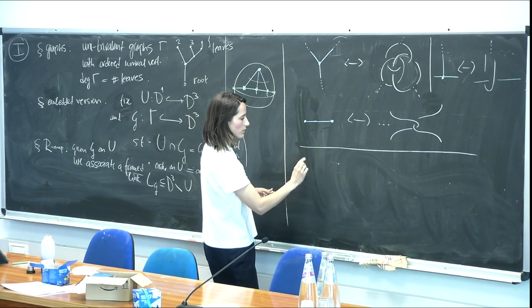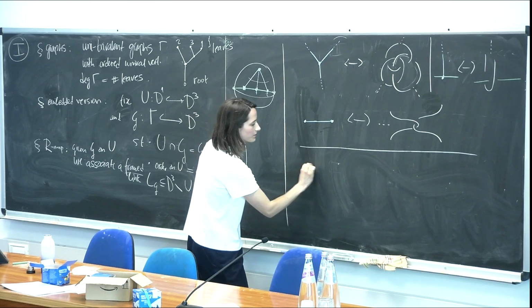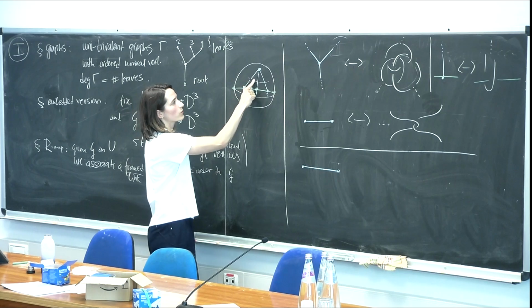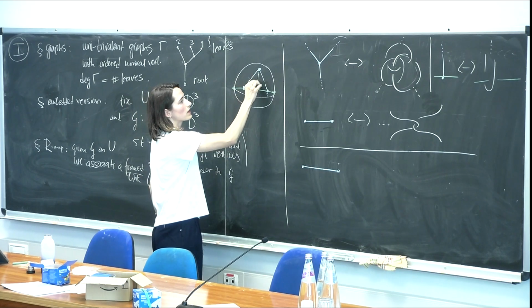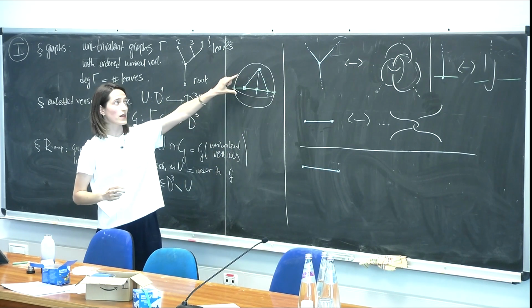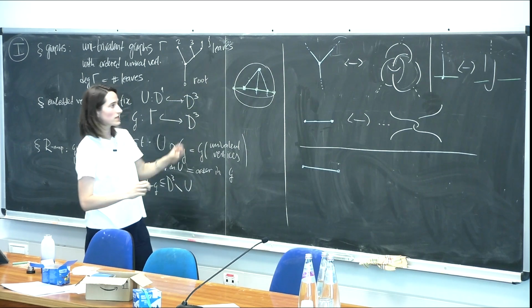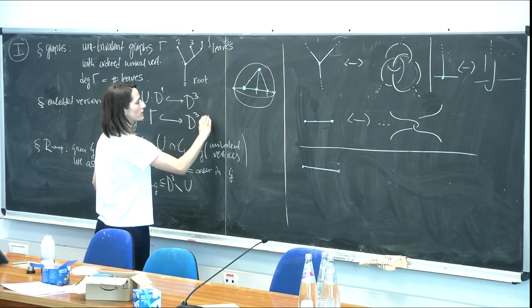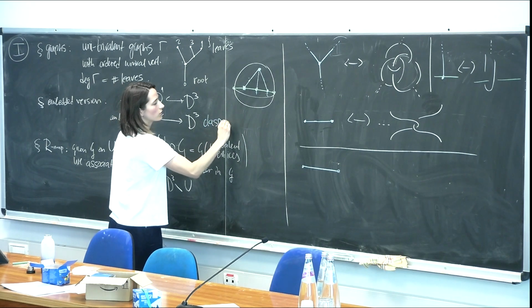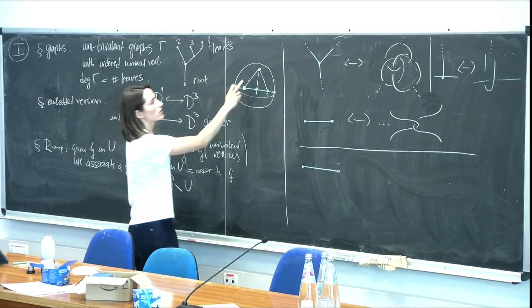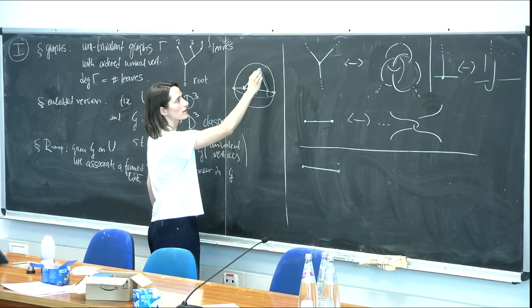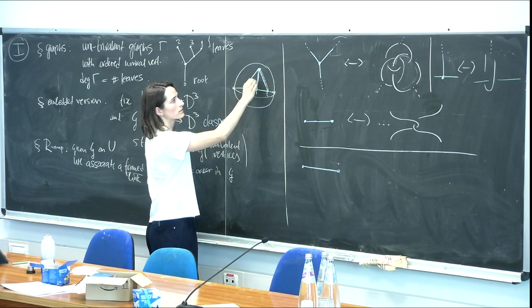So I forgot to say one more thing here about the framings, that because we want to produce a framed link, we also need to have the framed clasper here. This is called the clasper. That's what I'm drawing in blue, although it probably looks white. So here, this also has a blackboard framing. All these edges, if I'm drawing like that, that means that I can thicken them to little bands.